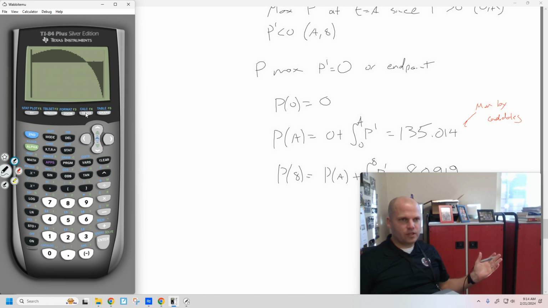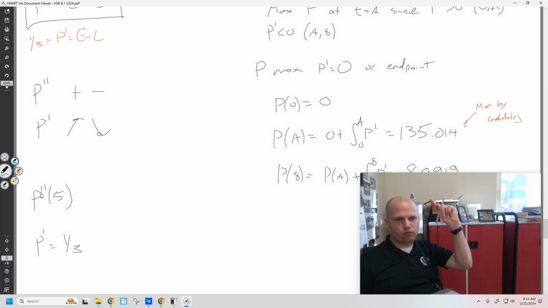Here, this is P prime. Can you get rid of the shading? I bet you this will regraph it. This is P prime. This is the derivative. We want the derivative of a derivative. We want to find the slope of the Y3 graph.